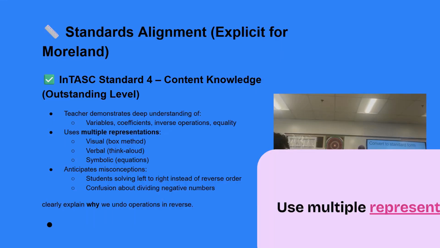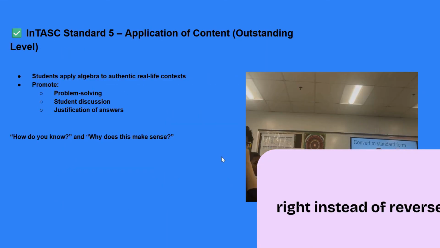Use multiple representations: visual box method, verbal thinking aloud, symbolic equation. Anticipates misconceptions: students solving left to right instead of reverse order, confusion about dividing negative numbers. Clearly explain why we undo the operations in reverse.